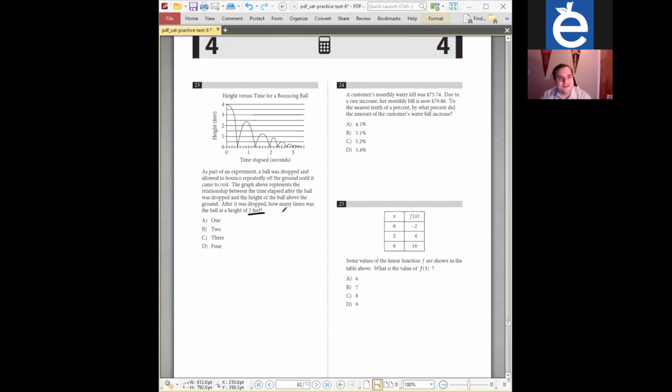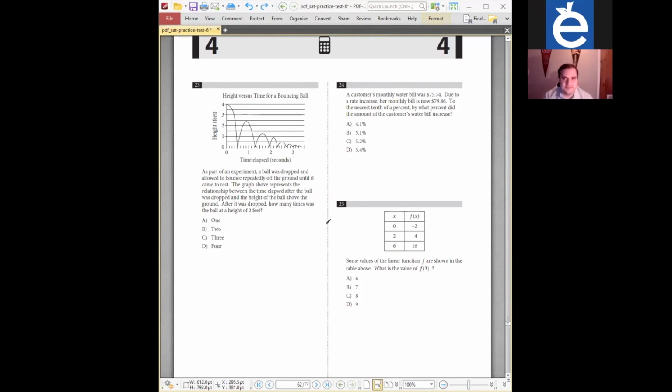Now, one thing to note, it didn't ask how many times did it have a height of 2 feet after it started bouncing. It's just after it was dropped. So that is 1, 2, 3. For the people who put 2, I've seen students get this wrong because in their mind, they add this qualification that it had to be off of a bounce that the question does not have.